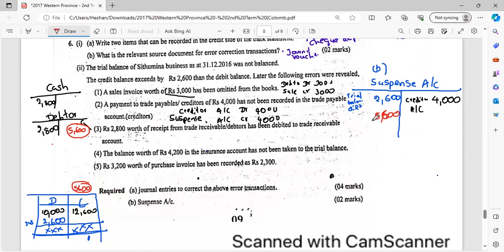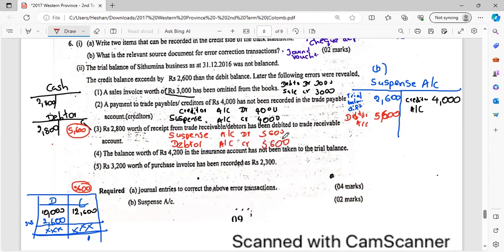To correct it, we should debit suspense account and we should credit the debtors account. So what is the double entry? This is debtor account. What is the double entry? Suspense account debit 5,600. Debtor account credit 5,600. Write it down.